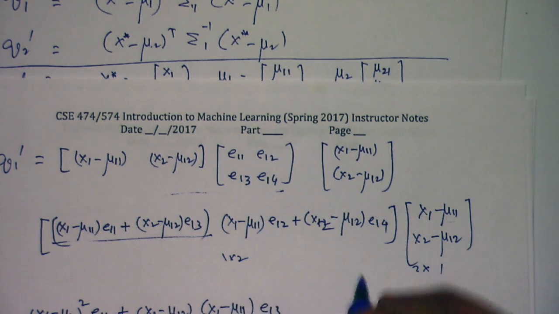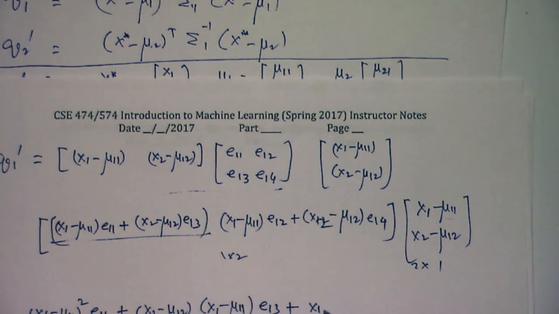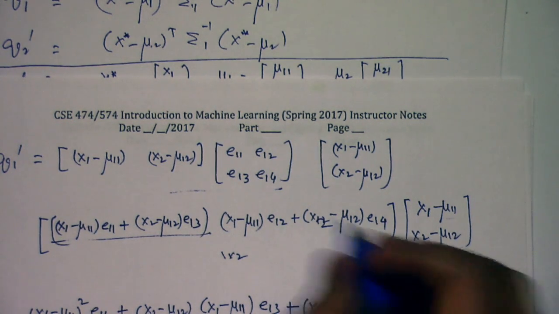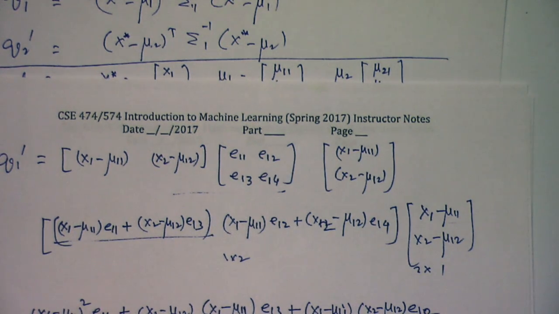So that will be the plus, and then this times the second one: (x1 minus mu11)(x2 minus mu12) e12 plus (x2 minus mu12) square e14, right? So this will be the whole q1 prime.